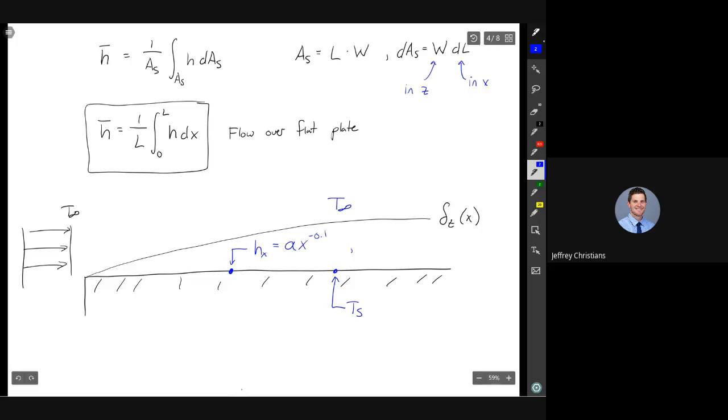And A has maybe some weird units. So it has units that have to work out with our other units, so it has units of watts per meter to the 1.9 times Kelvin.